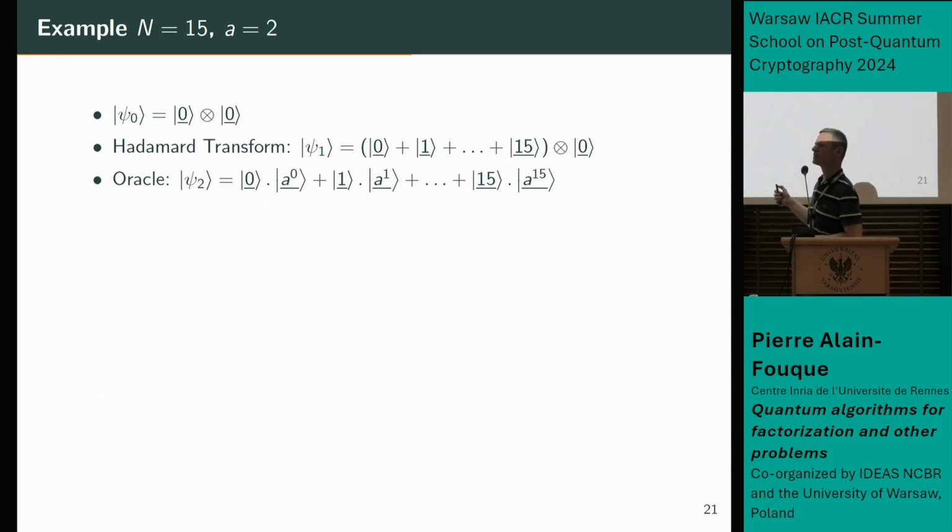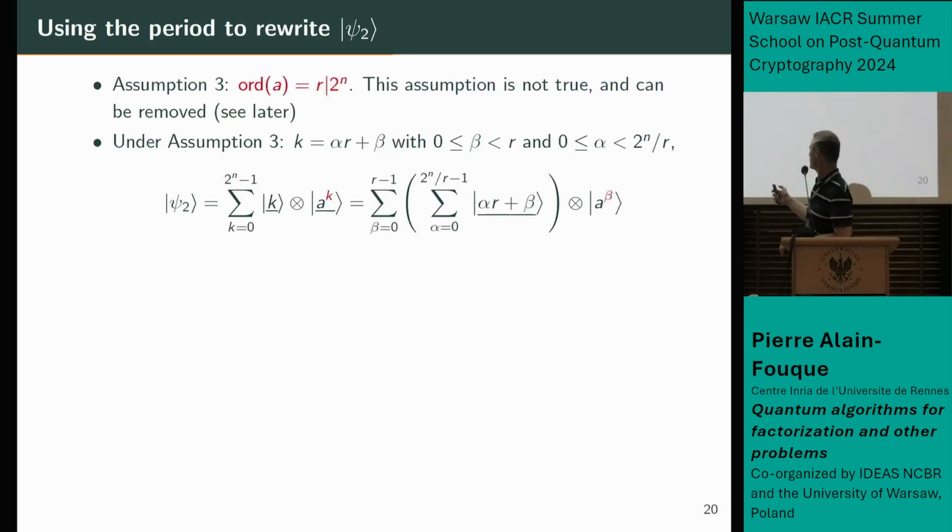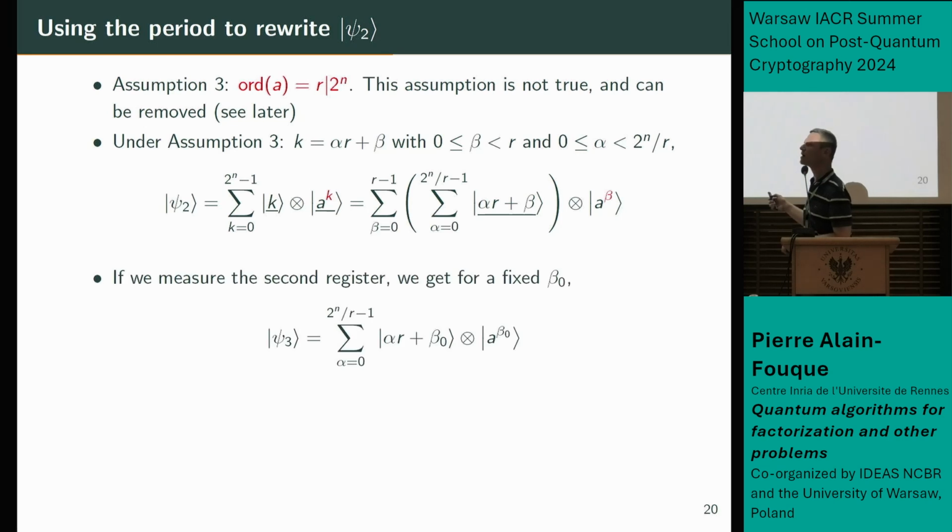No, the state is just, the first register is K, and the second one is A to the K mod N. Here I just rewrite the state like this, but it's exactly the same state. It's just easier to understand how the partial measurement works when I write the state that way. But the sum here is exactly the same.